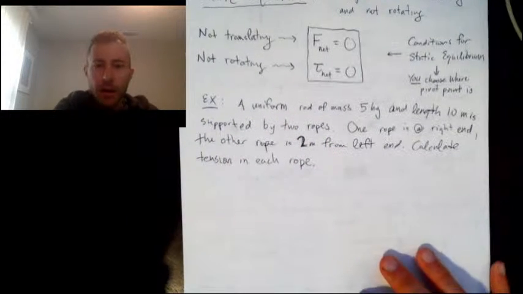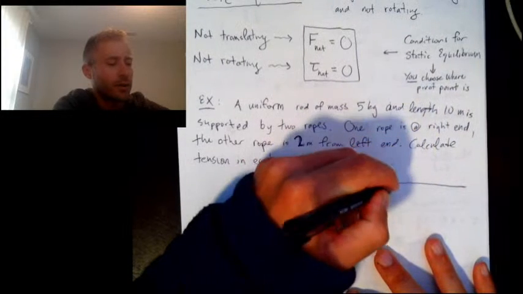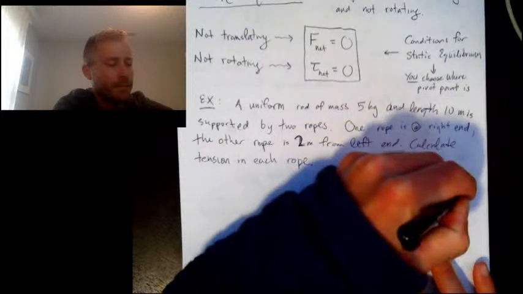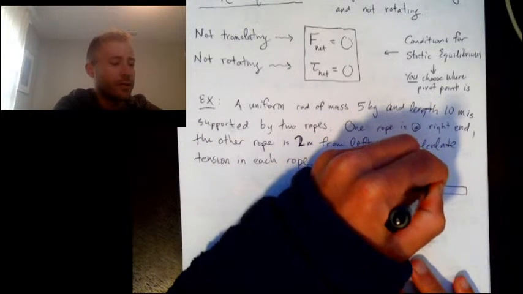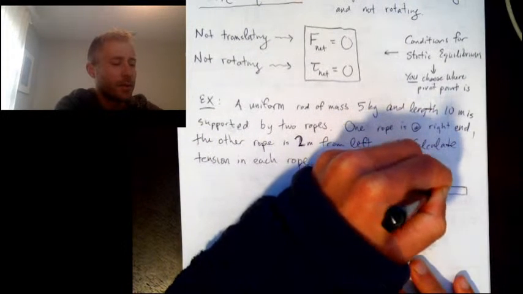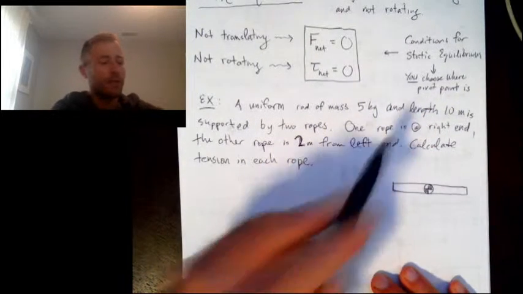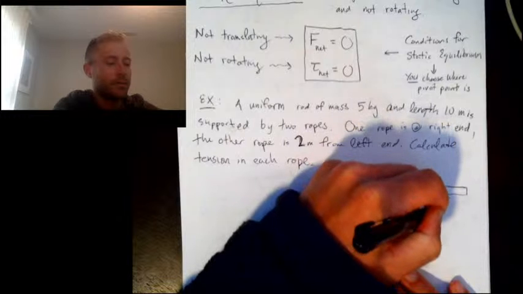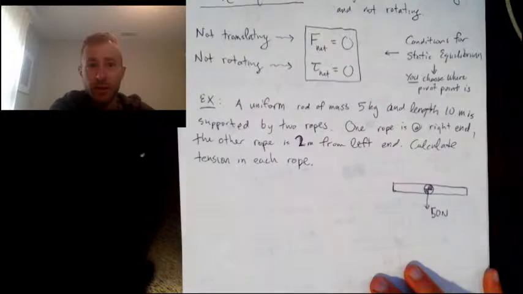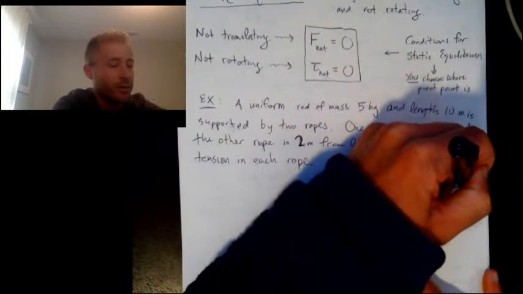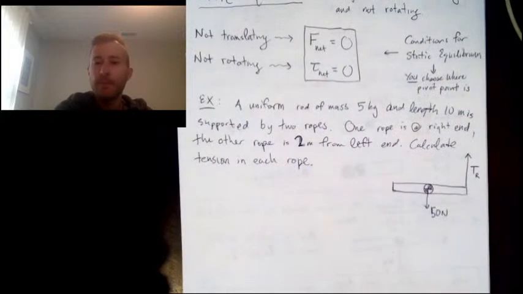So if I were to draw a picture of this, here's the rod. Because it's a uniform rod, the center of mass is in the middle. And the size of the gravitational force is going to be 5 times 10, 50 newtons. It has a tension pulling up on the right end, so I'll call that T sub R for right end.